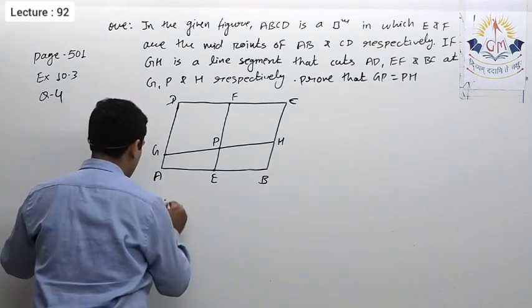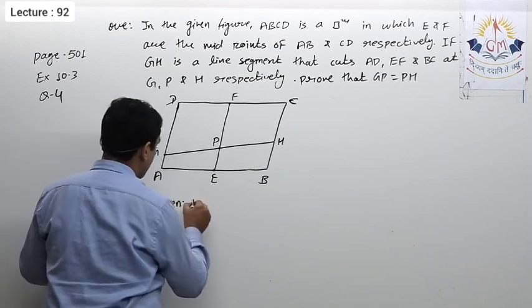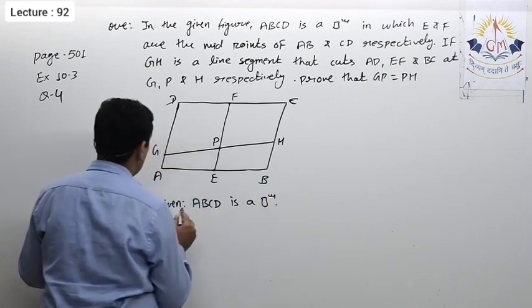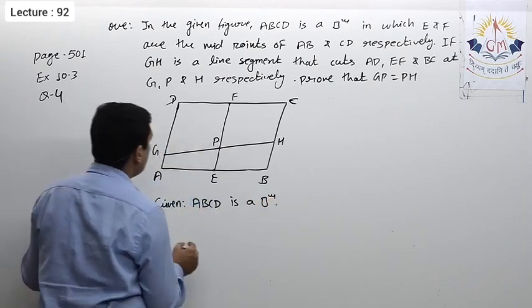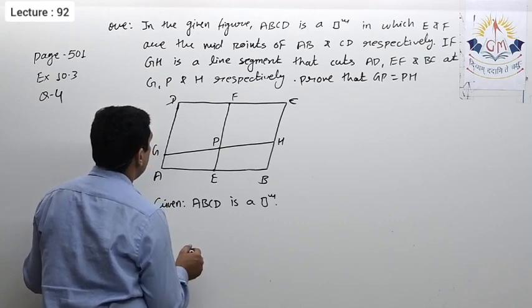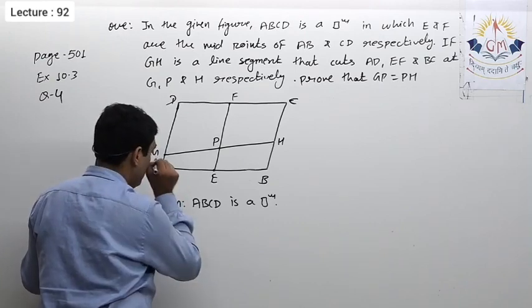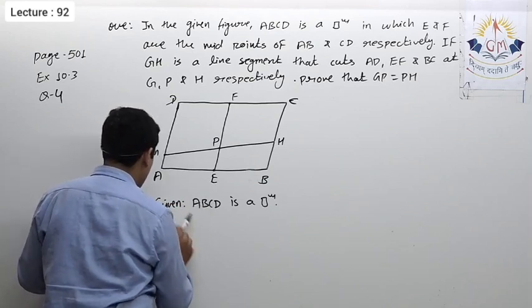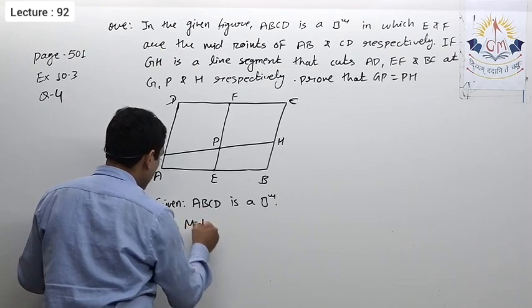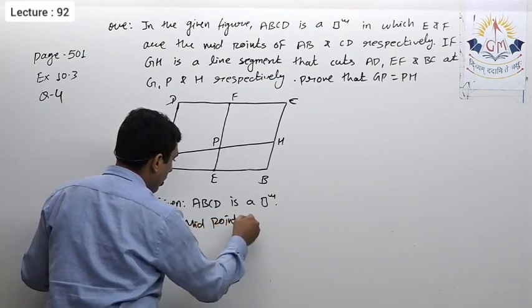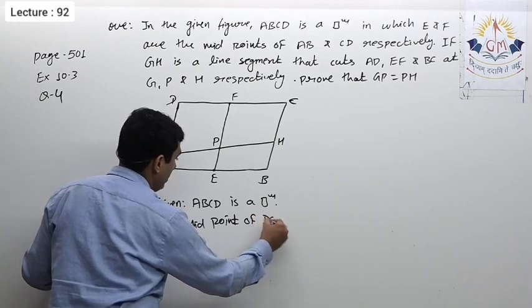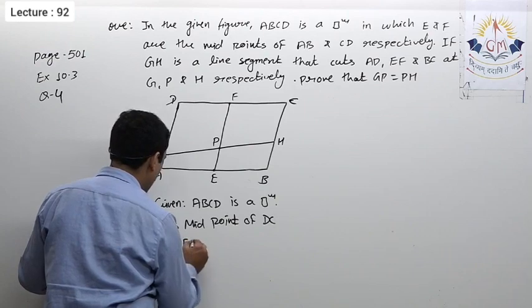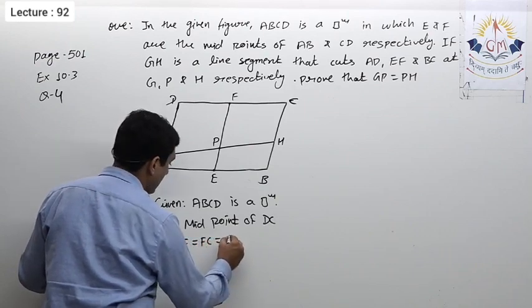So what we have given: ABCD is a parallelogram. F is midpoint of DC, that is we can say DF equal to FC equal to DC by 2.